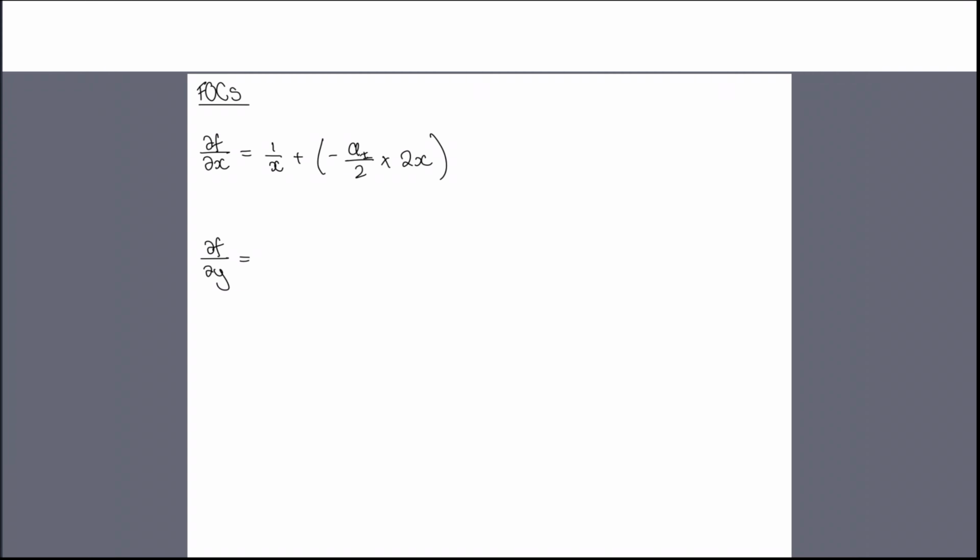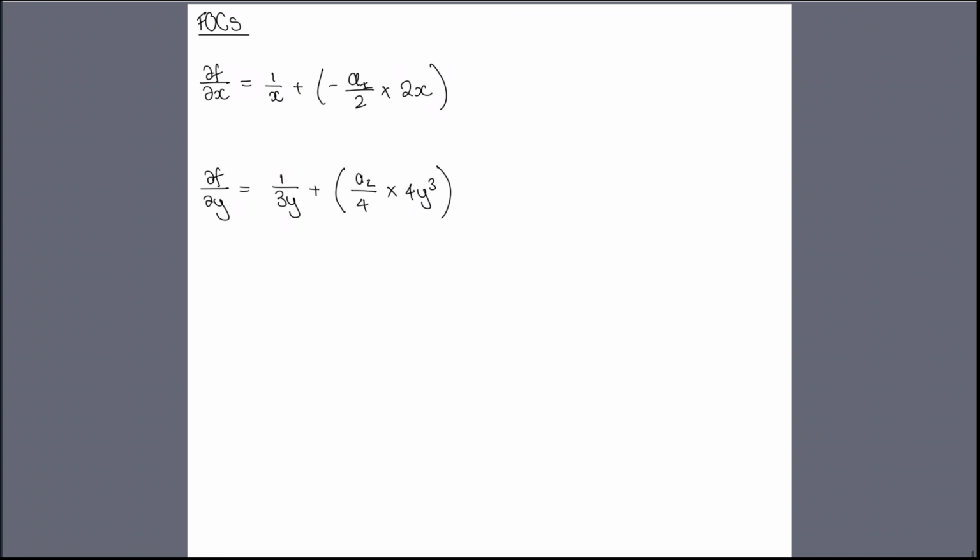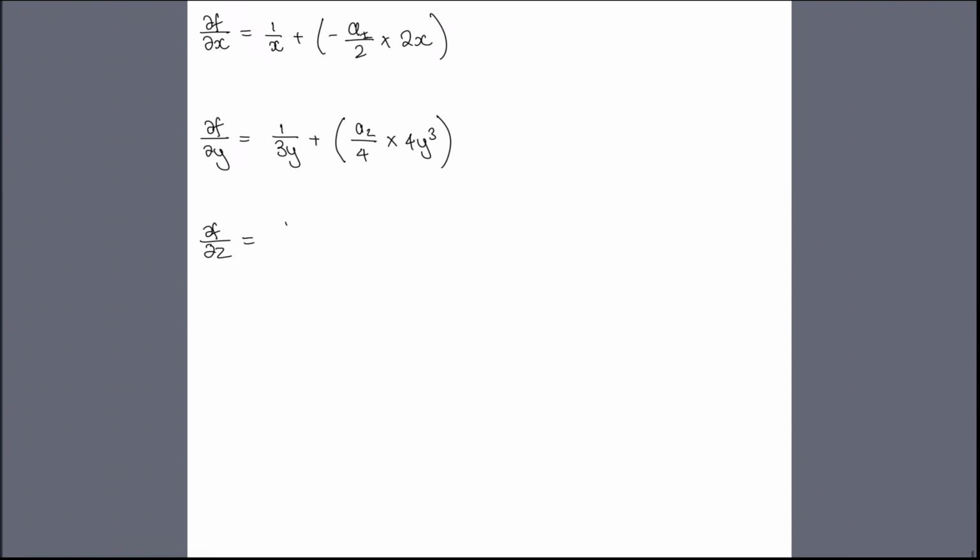Partially differentiating with respect to y gives us 1 over 3y plus brackets a2 over 4 times 4y cubed. And finally, partially differentiating with respect to z gives us 1 over 2z plus brackets minus a3 over 2x.